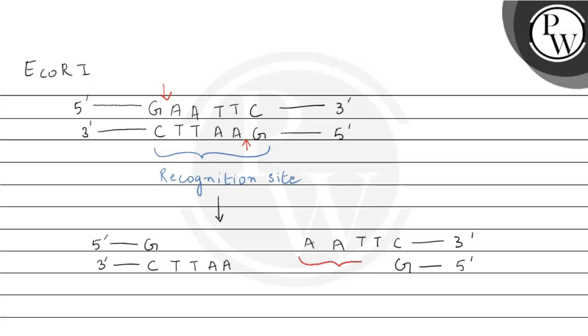So, the overhanging flanks of the nucleotide sequence present in the two new DNA fragments which are formed due to the cleavage by the EcoR1 is known as the sticky ends. So this one is the sticky end and this is the other sticky end.